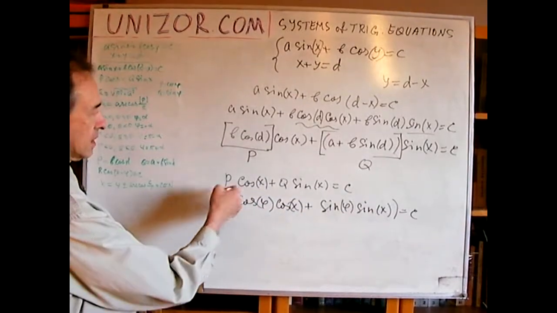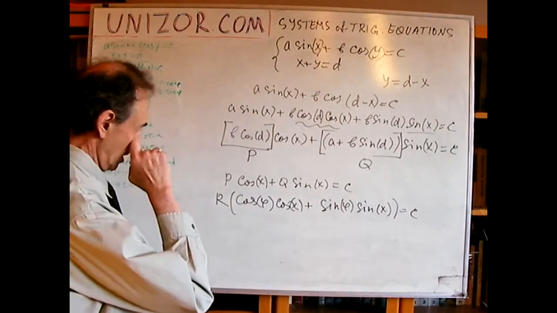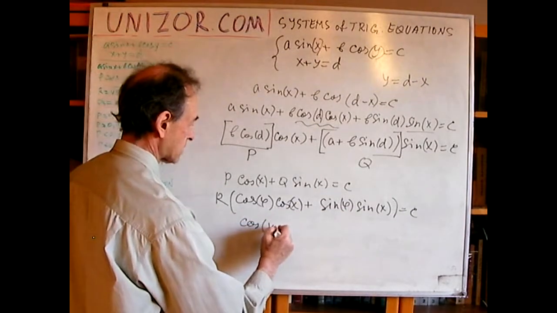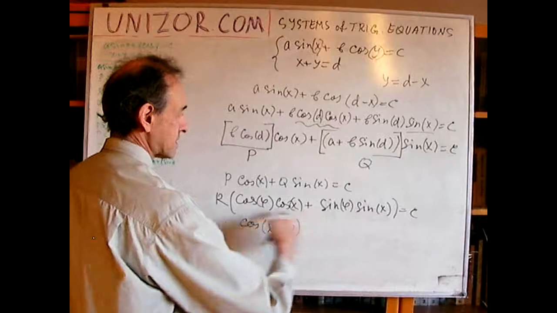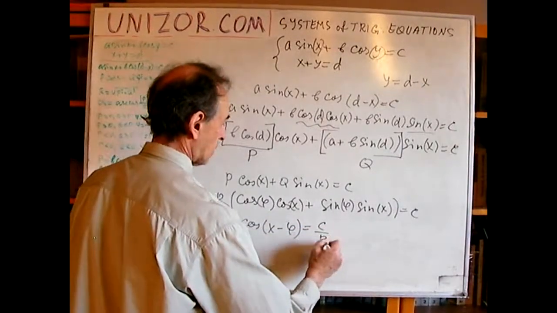So R is a multiplier factored out. From which we can always see that cosine of x minus phi, because that's exactly what's in these parentheses, is equal to C over R.